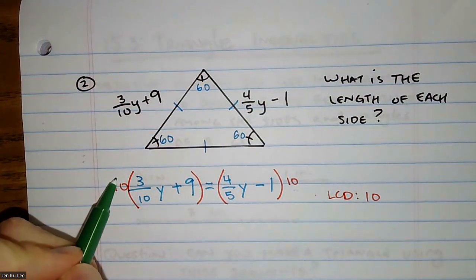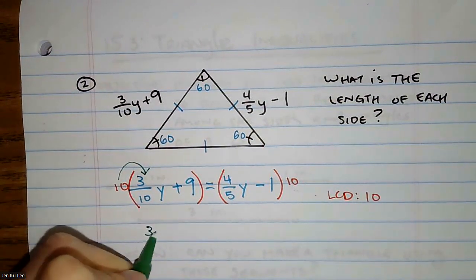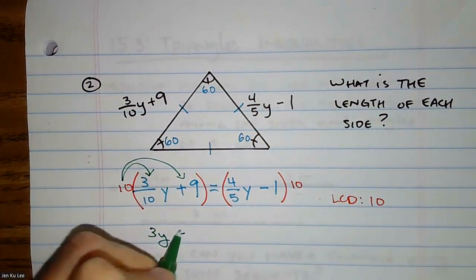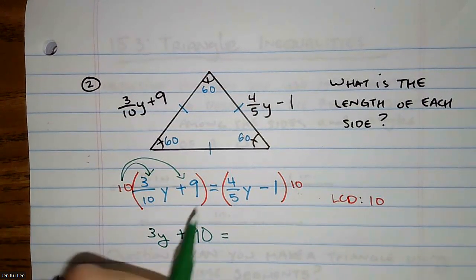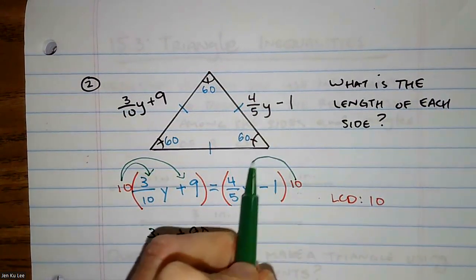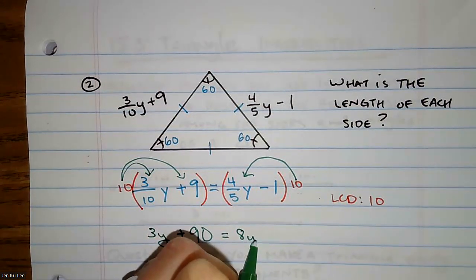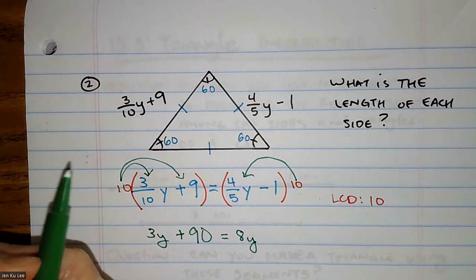So now if I distribute the 10, this will just be 3y, 10 times 9, that's plus 90, equals 10 times 4/5y. That is actually 8y, because the 5 and the 10 cancel out and you're left with 2 on top.